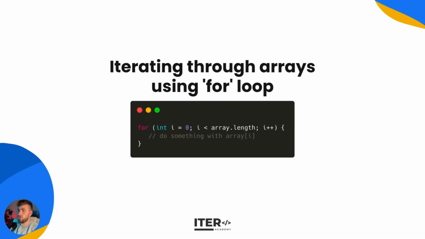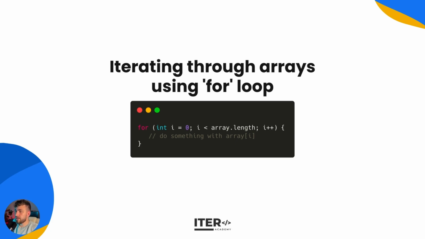The for loop is the most commonly used loop for iterating through an array. The syntax of the for loop is as follows. You can see it in the example. Here in this syntax, the word array is the name of the array we want to iterate over. array.length is the number of elements in the array.